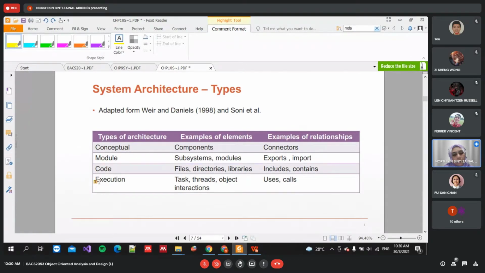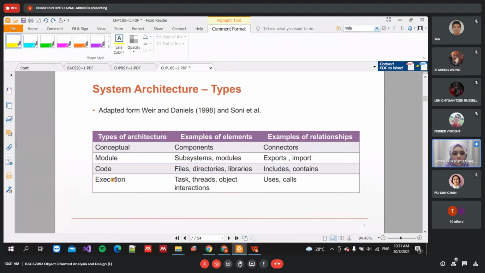And then this one is execution. For execution, the components are tasks, threads, objects, and interaction. Examples of relationships are use and call. Execution is a process where we run, we execute, we perform the task. I think you know what run is in programming.